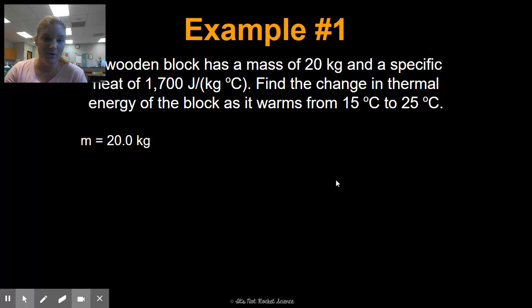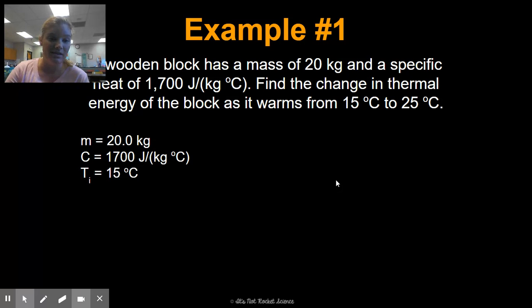I know my mass is 20 kilograms. My C, my specific heat, is 1,700 joules per kilogram degree Celsius. My initial temperature, where I'm starting at, is 15 degrees Celsius, and then I end at 25 degrees Celsius. So I'm looking to solve for Q, which is my heat or my change in thermal energy.